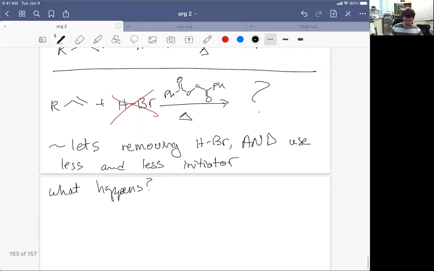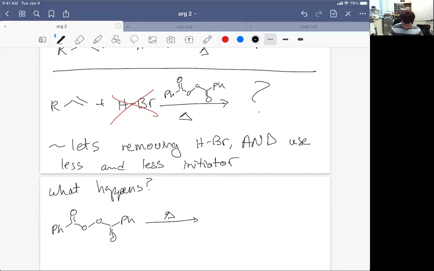Well, we have a free radical chain reaction of some type, right? If we still have the peroxide present, I could go ahead and consider an initiation step, right? Because the peroxide's still there, there's just less of it.